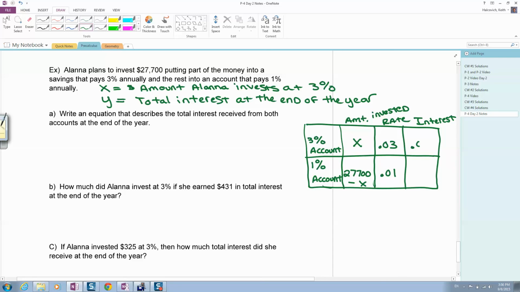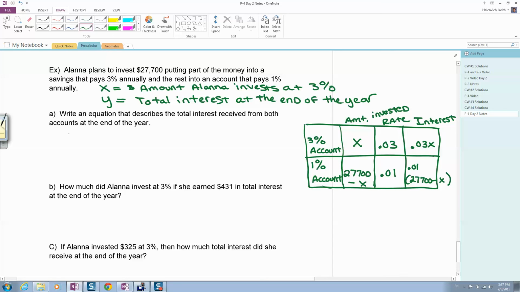So we know this is 0.03x, and this is 0.01 times 27,700 minus x.